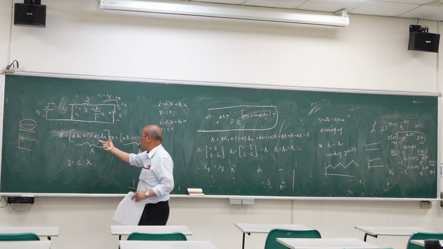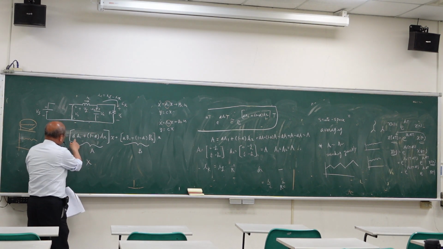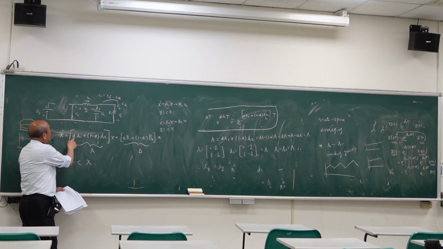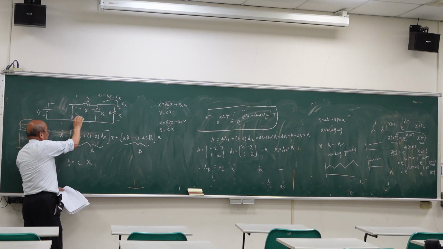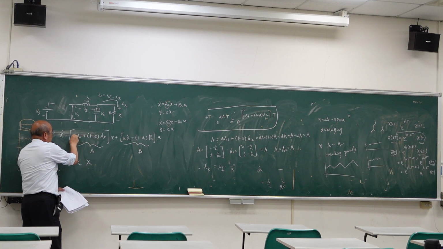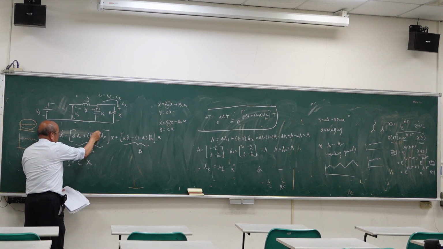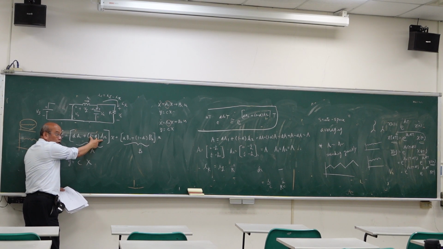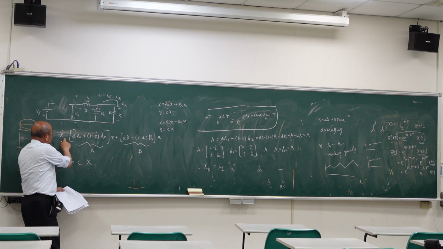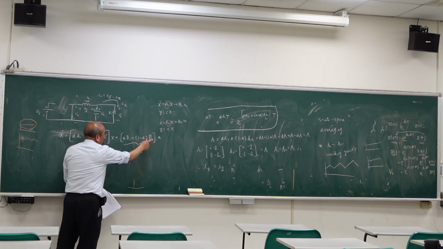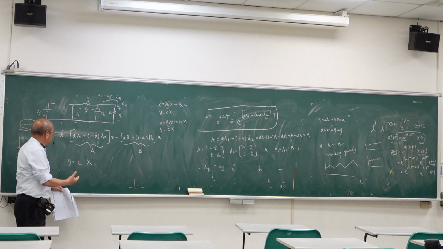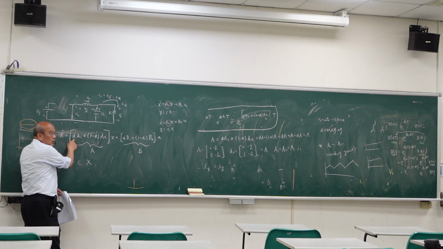You can check this one. If duty is equal to 1, then current never turns on. So this is 1. This is 1. So A2 becomes 0. So I move to X dot equal to A1X plus B1U. On the other hand, if D is 0, then this disappears.